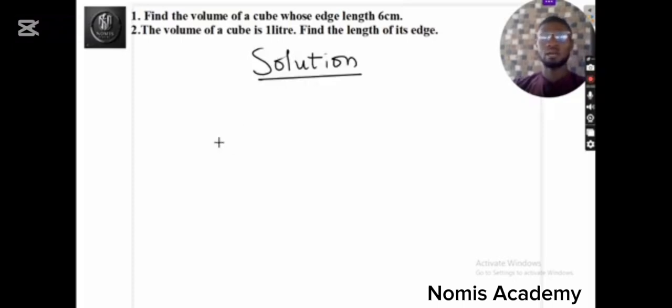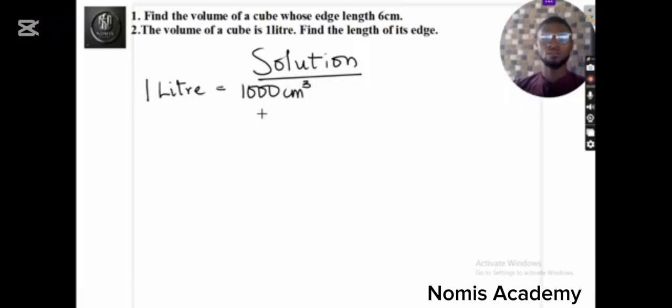So what can we think around this question? Oh, remember, 1 liter is equal to 1000 centimeter cube, cubic centimeter.